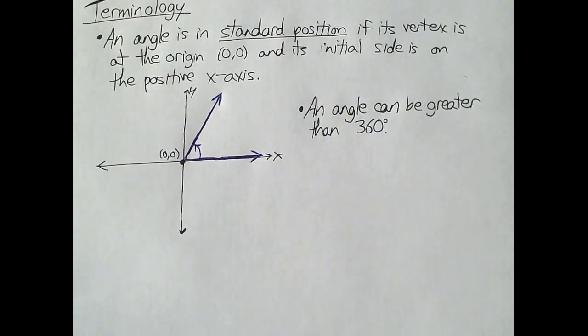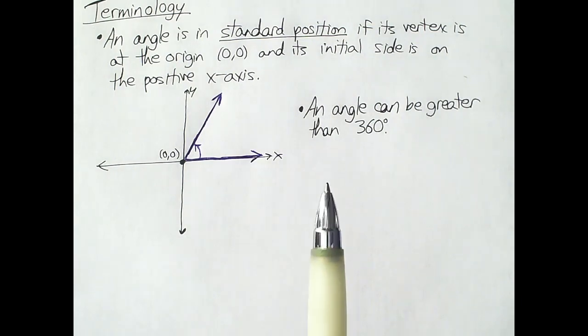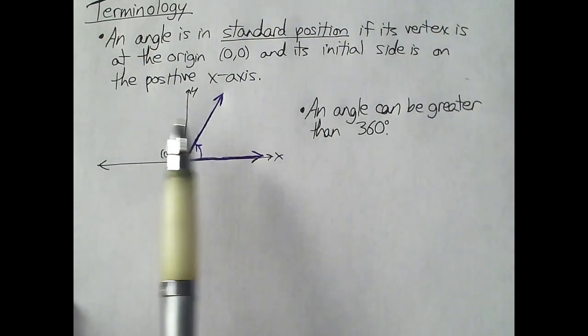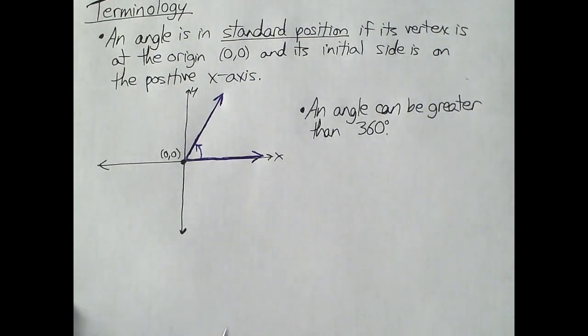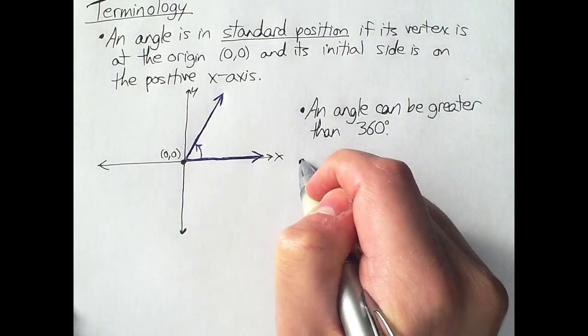I've seen some geometry classes say that an angle can't be negative, or that an angle can't be greater than 360. We're looking at this now from a pre-calculus perspective, and we are going to allow angles to possibly be bigger than 360 degrees.